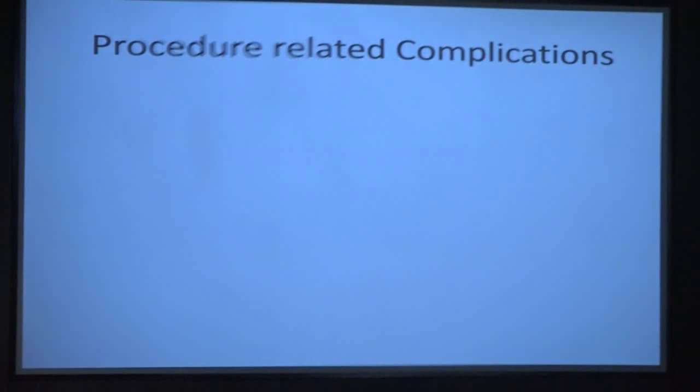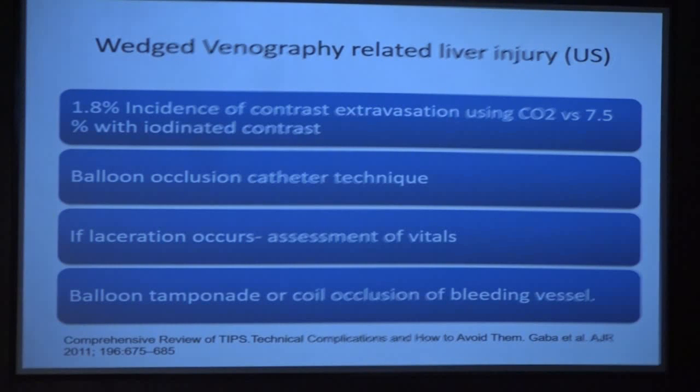Now, what are the complications that we can encounter during the procedure which can have effects in the post-procedure period? In some centers, the TIPS is done by wedged venography. There are 2 techniques to do it. Either you wedge your catheter into the hepatic vein, or you inflate a balloon and then do a wedge venography.